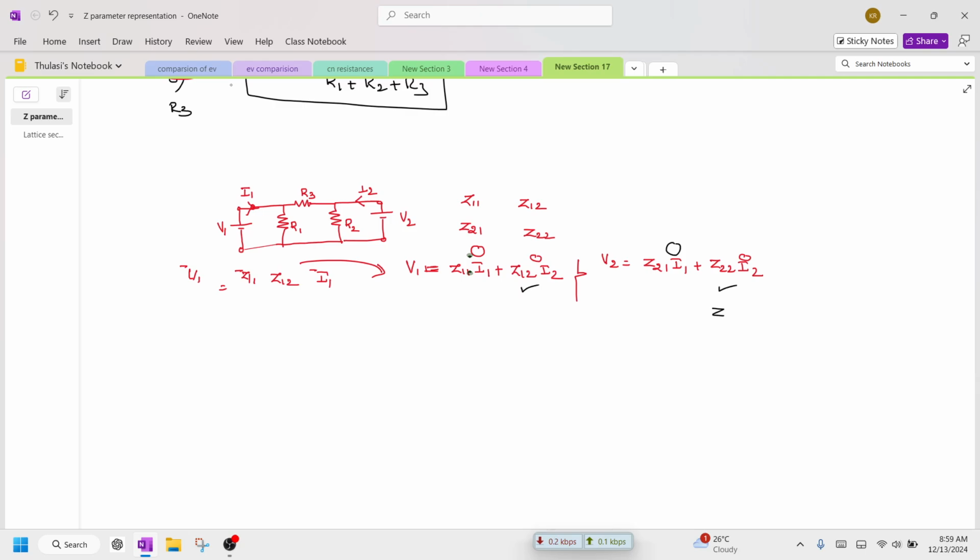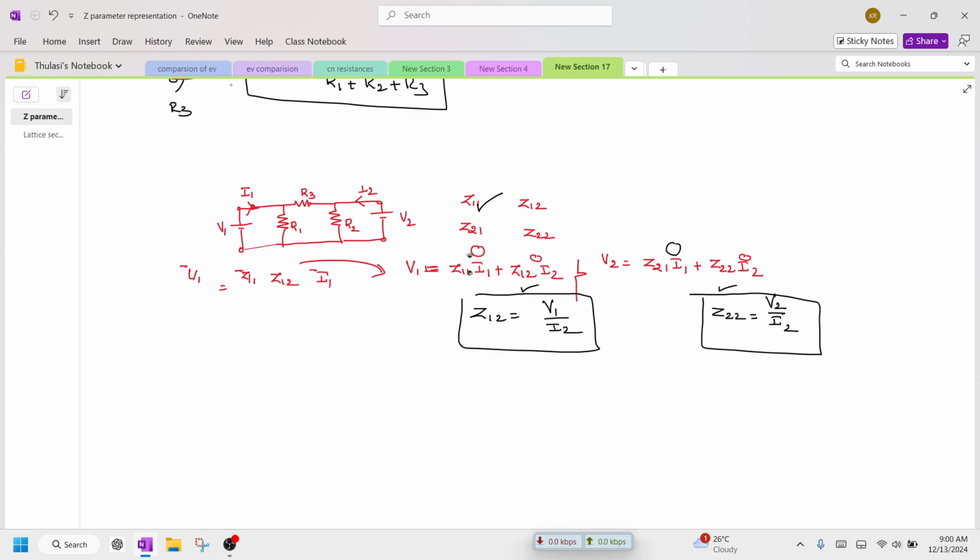Those parameters are Z22, which is V2 divided by I2, and Z12, which is V1 divided by I2. So we need to find these two. Previously we found Z11 as well as Z21, so now we are going to find Z12 as well as Z22 in this session.